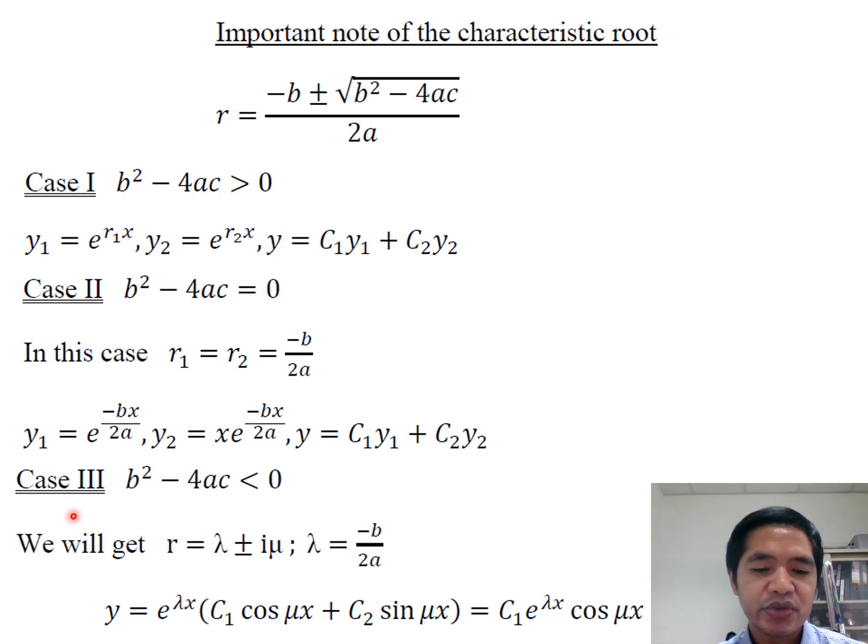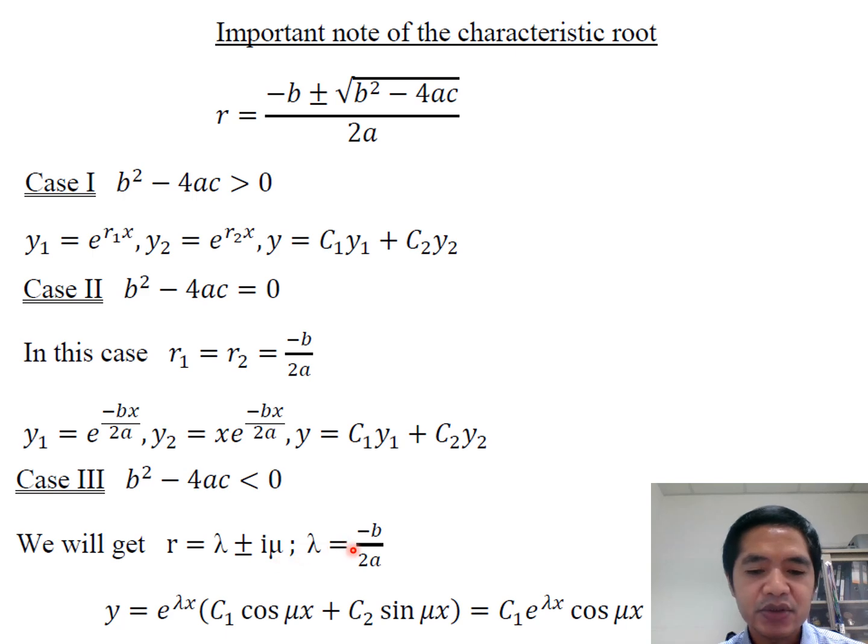And case number 3, when b squared minus 4ac is less than 0, we have an imaginary number, which is r equal to lambda plus or minus i mu, where i is the imaginary unit.